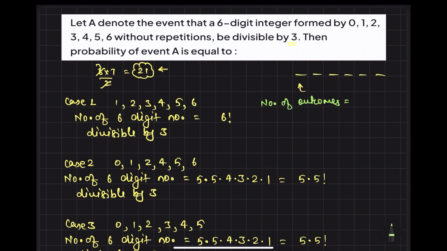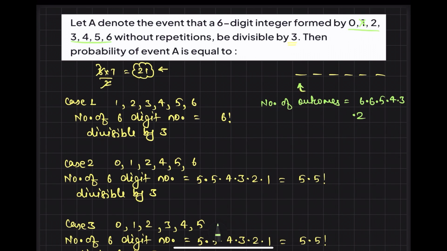So for the leading position you have 6 choices, because although you have 7 digits, you cannot use 0 there. Now suppose you have used 1. So for the next place you are left with 6, 5, 4, 3 and 2 into 1 choices. So this many numbers are possible.